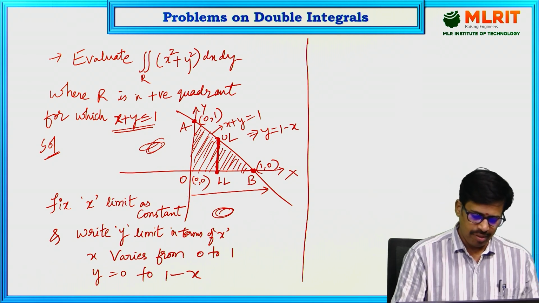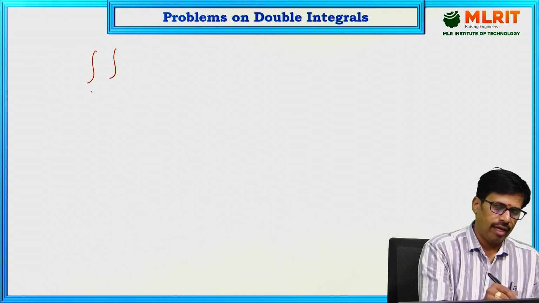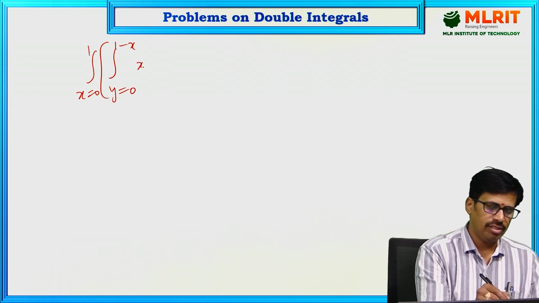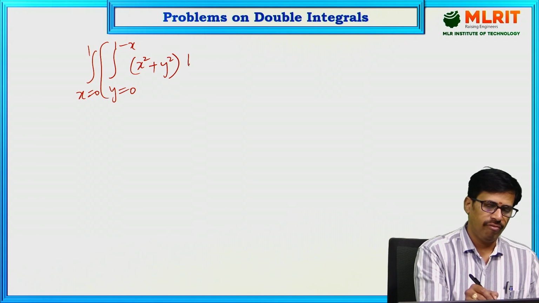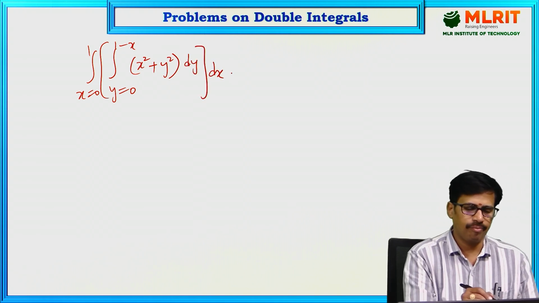So this can be written as x equal to 0 to 1, y is equal to 0 to 1 minus x, and the function is x square plus y square. First integrate with respect to y first, then with respect to x.